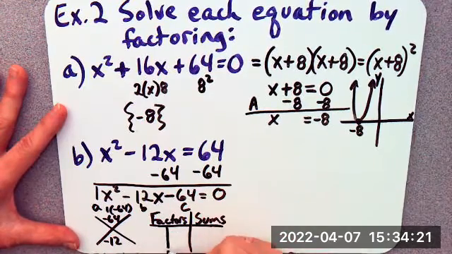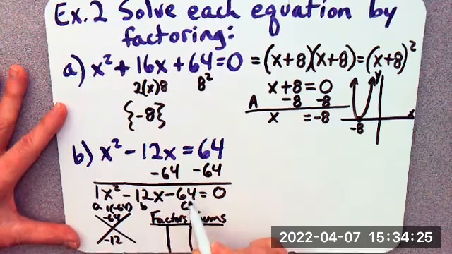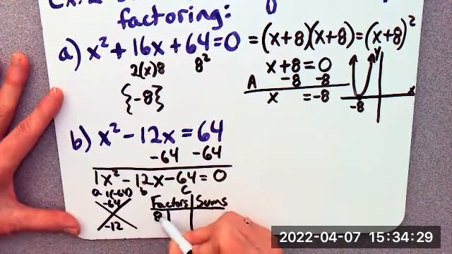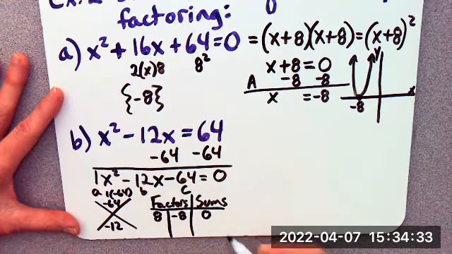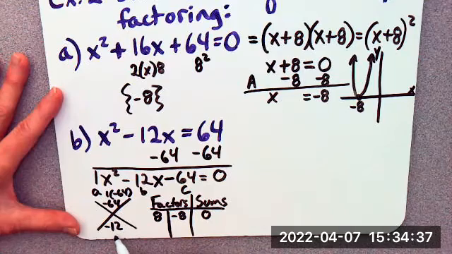Okay, so for the factors, we have two, and we're going to have one negative, one positive to make this -64. So if we went with 8 and -8, well, that sum would be 0. So it's not those. So the bigger number needs to be negative because we have a negative sum.